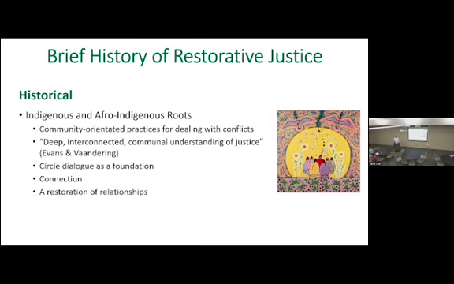And as we think about how conflict has been dealt with in the legal system or in other spaces, it's a different viewpoint than the traditional exclusionary modes of dealing with harm and conflict. This is a much different way of looking at calling people in rather than excluding people.